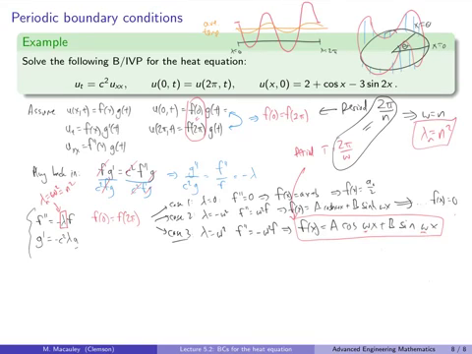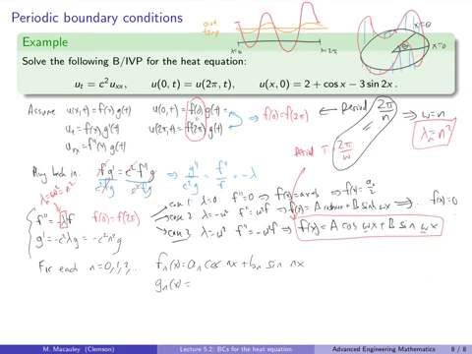So now we have for each n, 0, 1, 2, etc., f_n of x is, I'm going to call it a_n cosine of nx plus b_n sine of nx, and we get that g_n prime is equal to negative c squared n squared g.